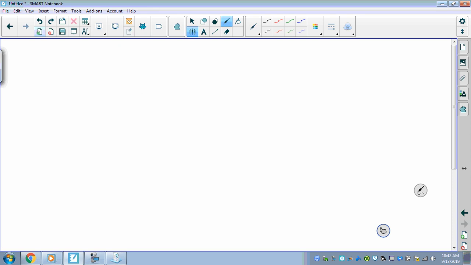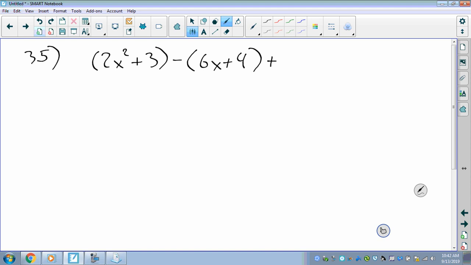What makes 35 a little bit different? 2x squared plus 3 minus 6x plus 4 plus 3x squared minus x. It's in standard form, but what's different about this one? There's three of them, right? We want to do three things together.